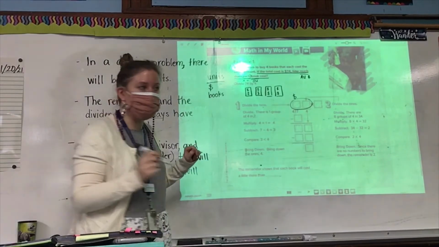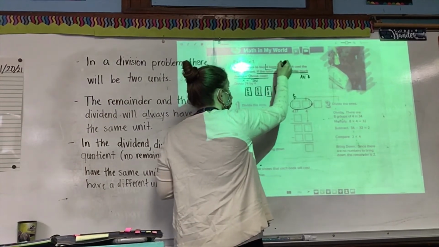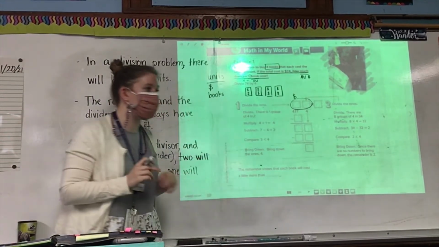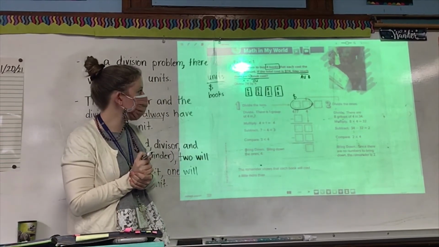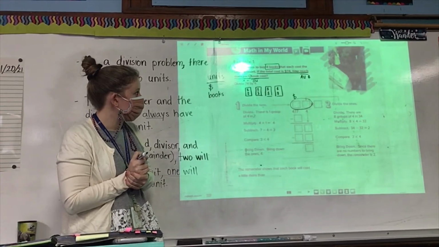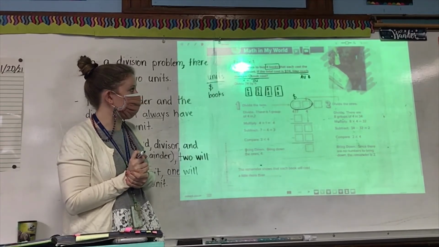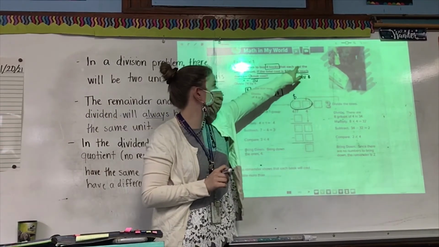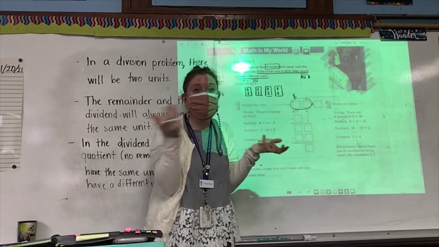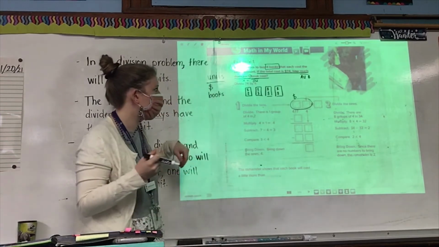I see my other unit. So I know 4 books is going to be one part. Again, we have the word each with cost. So again, we know money is a unit that we're using, but we already know that.